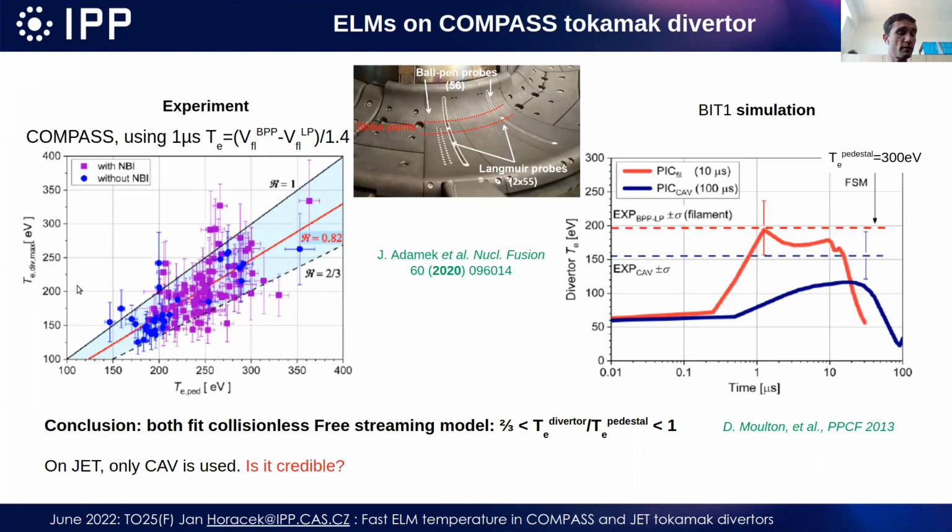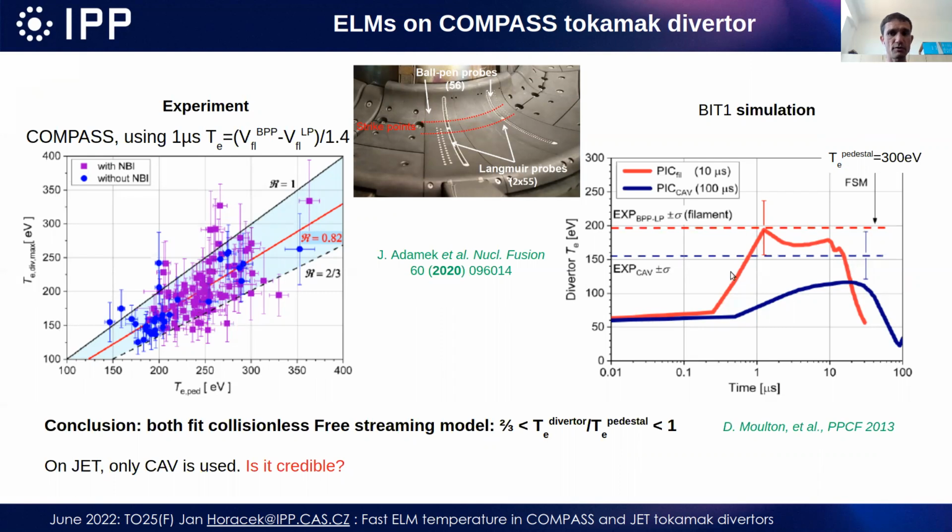This allows us to measure filaments during each ELM. And we see that the temperature at the maximum, during ELM filaments, reaches nearly 100% of the pedestal value. On average, it's about 80% of what we observe.